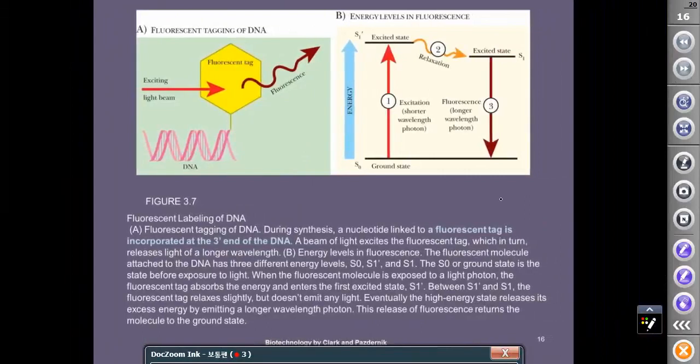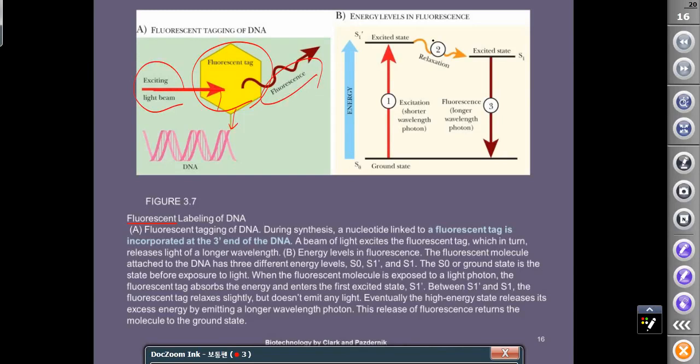And the second method of labeling DNA is by using fluorescence tagging. This fluorescent labeling of DNA is a simple method. You use this fluorescent tag, just attach it to the DNA, and then once the beam is passing through, the fluorescence is liberated.